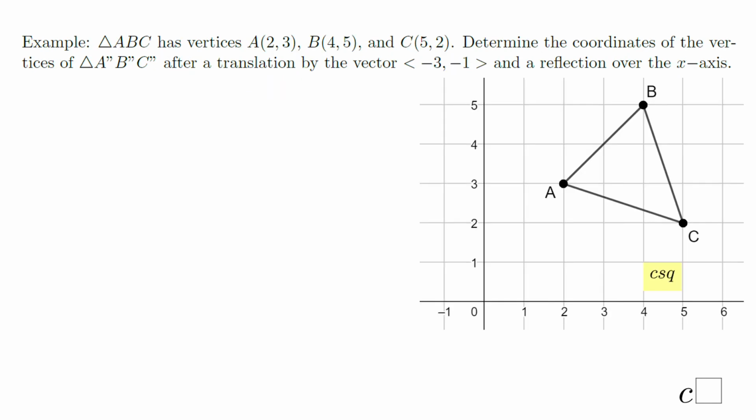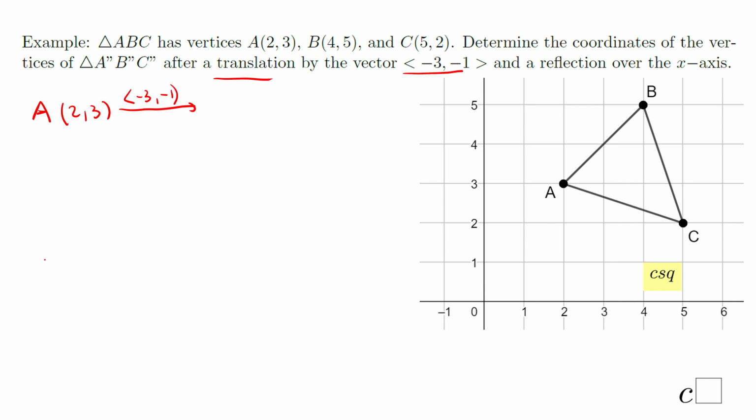We have this triangle ABC. You notice the vertices, and first we need to translate it by this rule or by this vector and then reflect it over the x-axis. So let's start, and usually that's the way I handle things. I start with the point A because it's the first one, 2 and 3, and then I will do the first transformation, which is this vector -3 and -1.